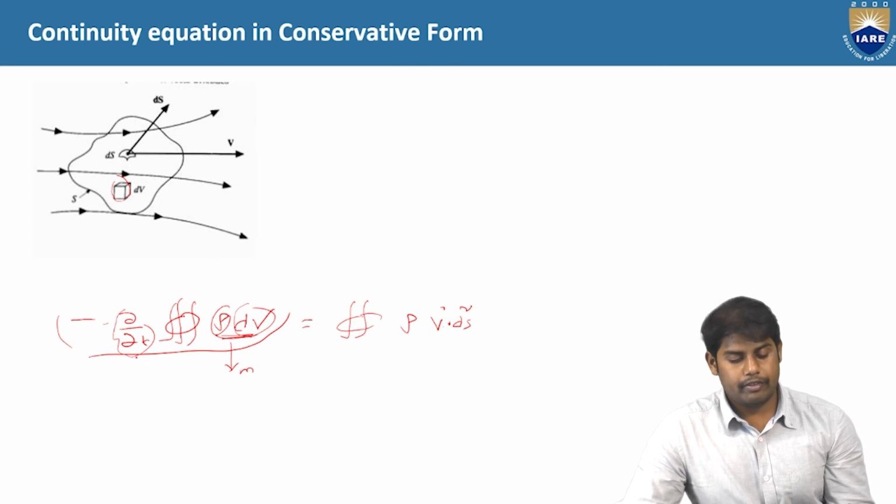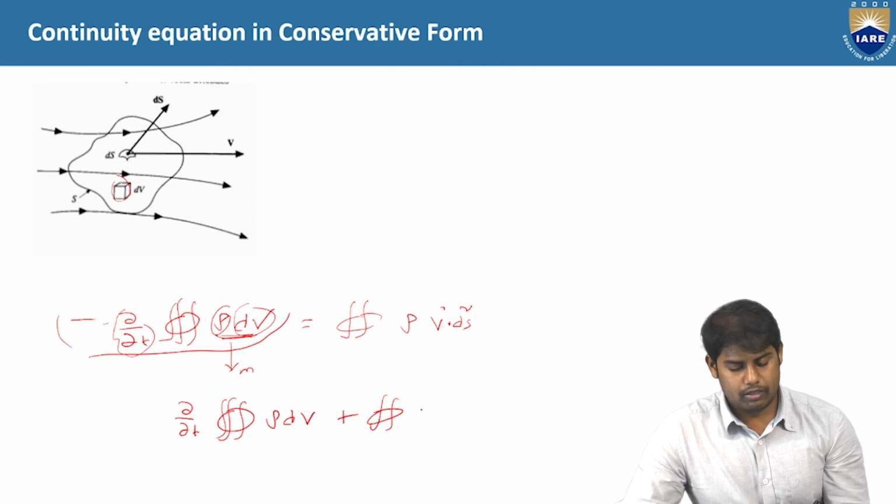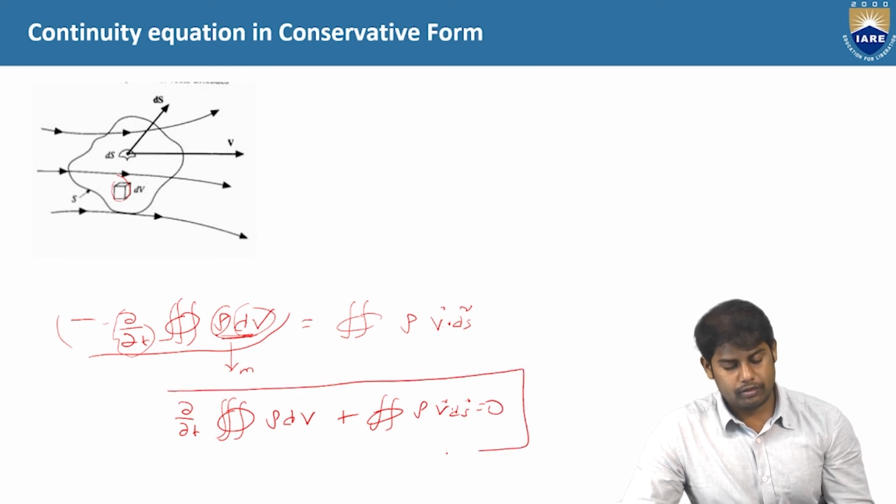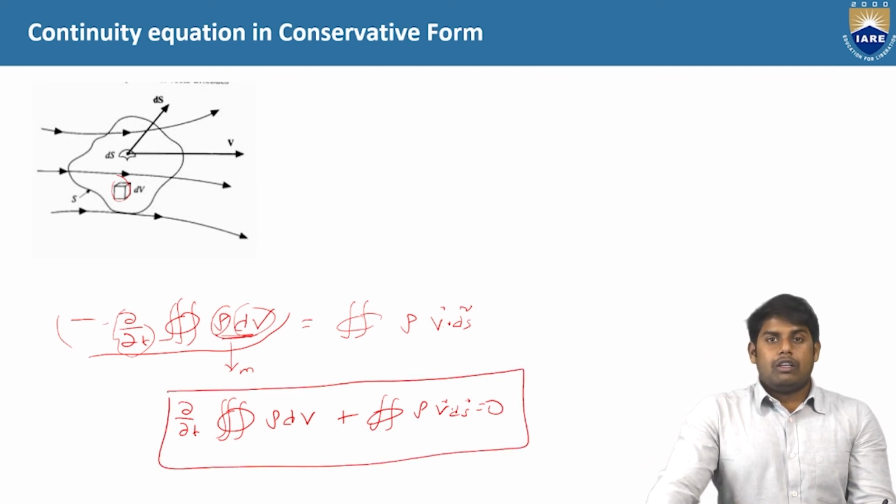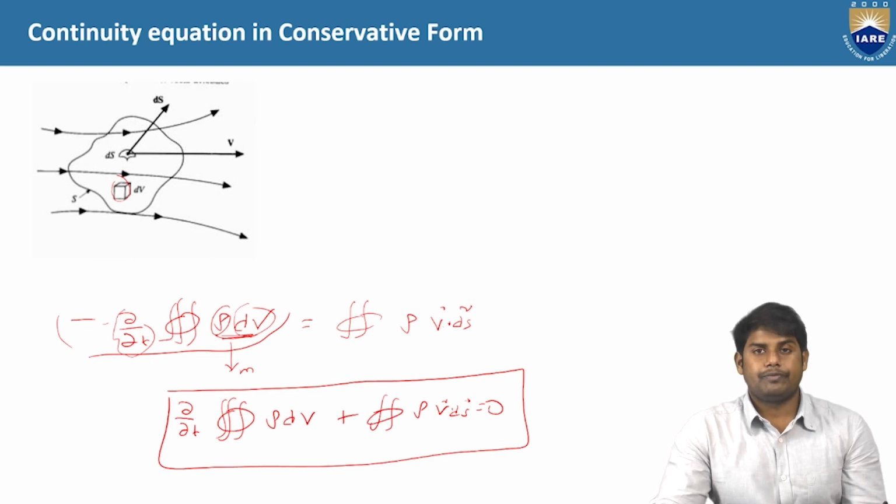So whatever we have seen in words, we have written in a mathematical form. The final equation is the integral of dou rho by dou t dV plus the surface integral of rho v dot dS. This is the integral form of the governing equation.